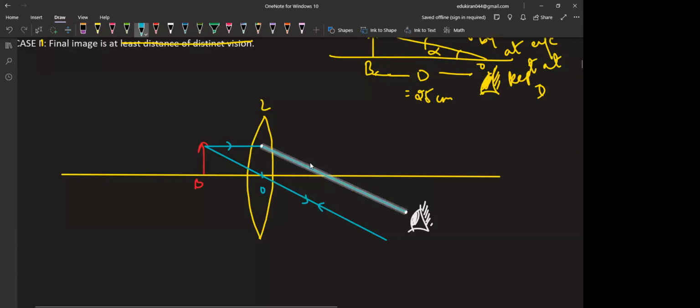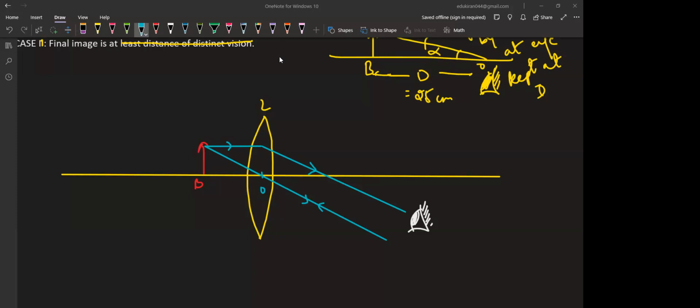We have studied this initially. Between O and F? No, not between O and F. Try to recall. At F. Good. When you keep the object at focus, images are formed at infinity.